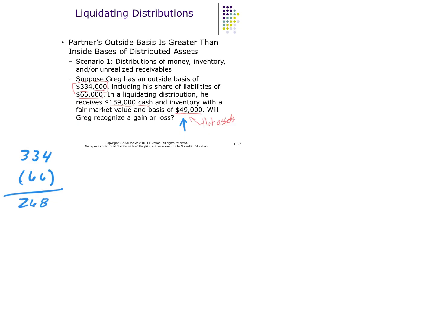Then what is he getting in his distribution? He is receiving $159,000 of cash, and $49,000 of fair market value and basis of inventory.